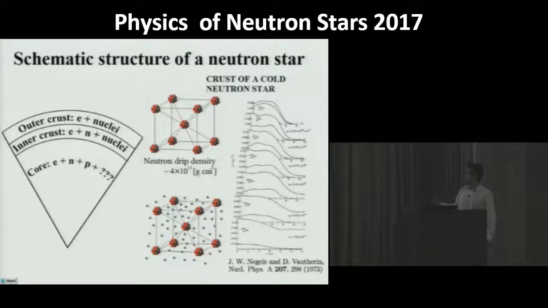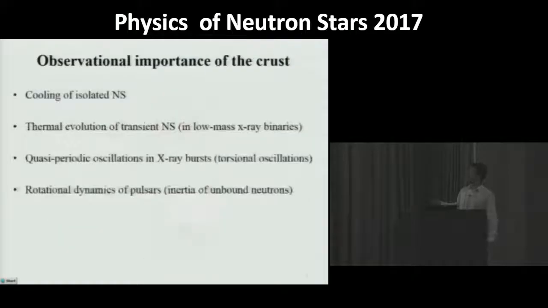So this becomes complicated. However, it is important to understand the crust, first of all for observational reasons. There are a few reasons for that. First, when the neutron star cools, the heat passes from the core through the crust, and so the crust affects the cooling properties.